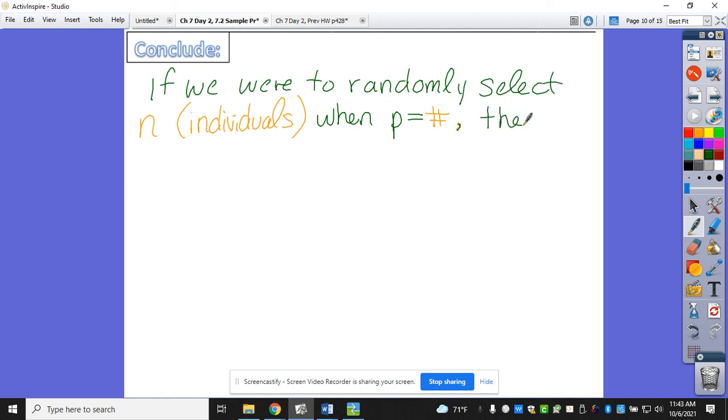The probability that essentially what we're looking for is this number.